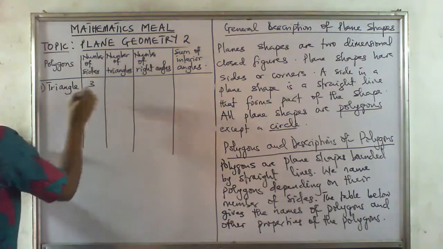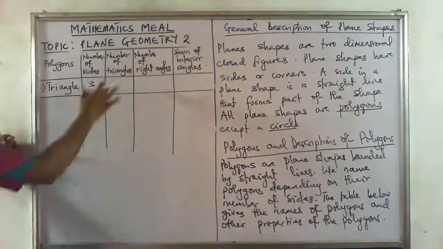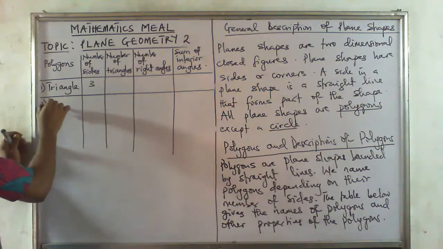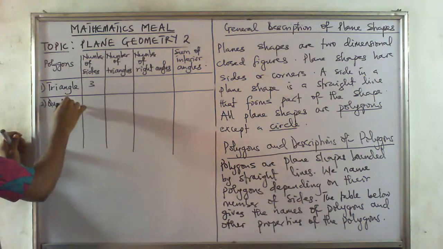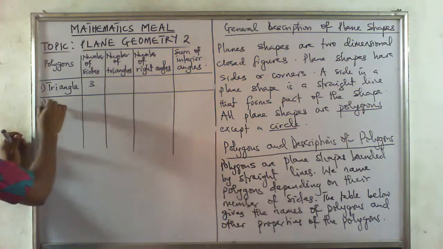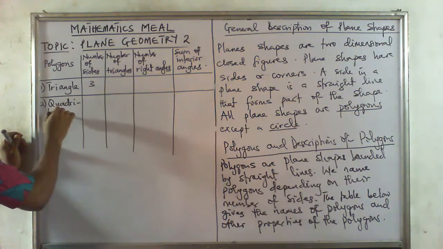And a triangle has 3 sides. We're coming to this. Followed by what we call quadrilateral. Just for space, let's aggregate. Quadrilateral.